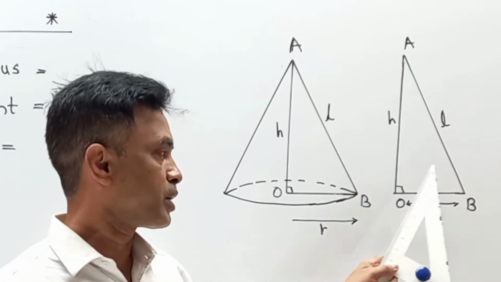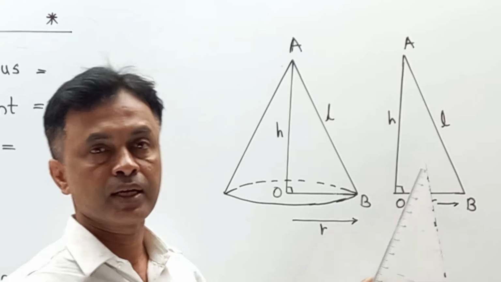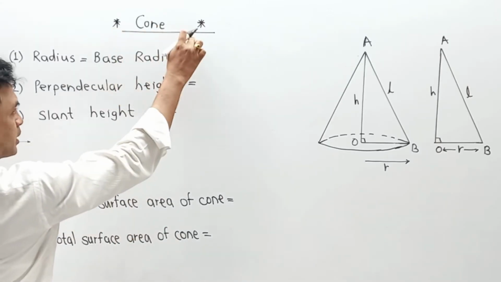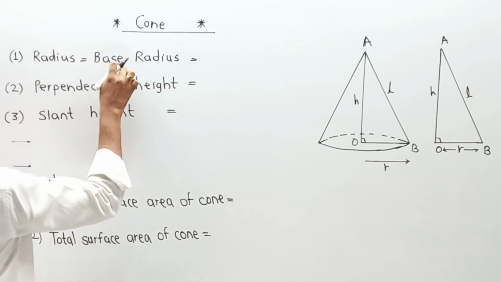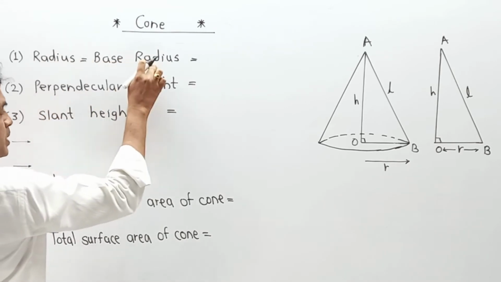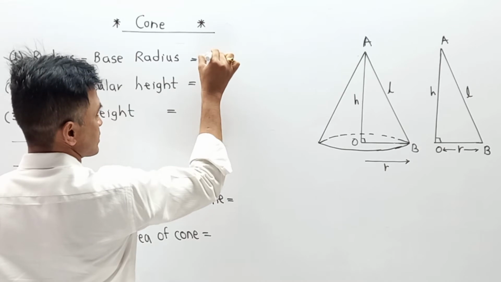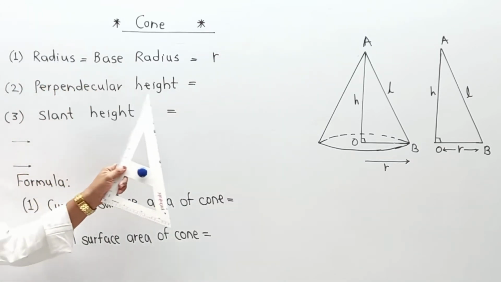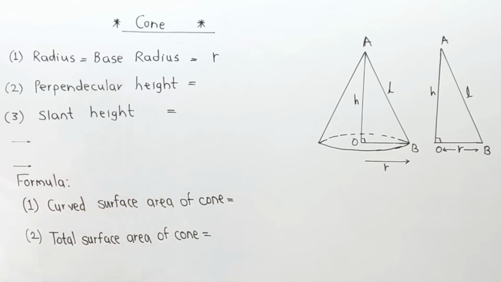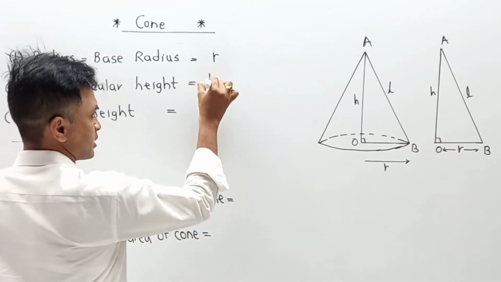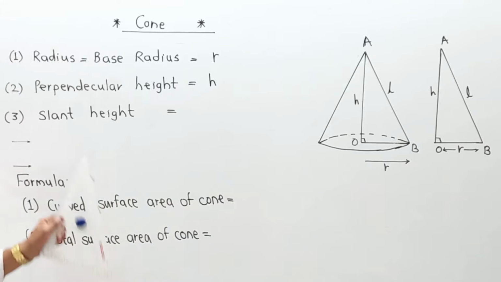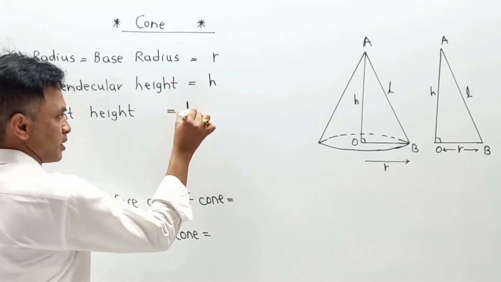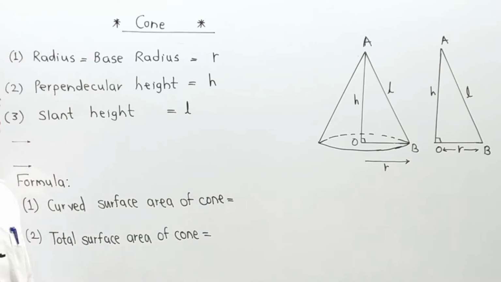First of all, try to understand all this diagrammatic content. The first part, in a cone, the radius of the base or base radius, is indicated as R. Second, the perpendicular height is indicated as H. And third, the slant height is indicated as L. These are the three significant terms.